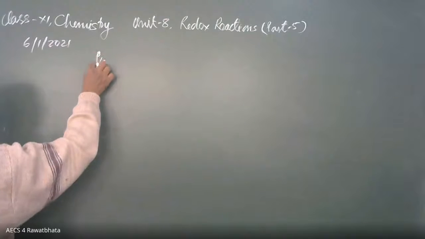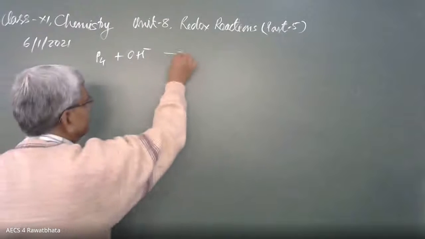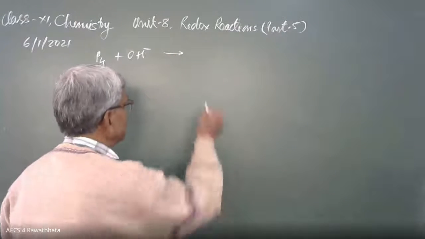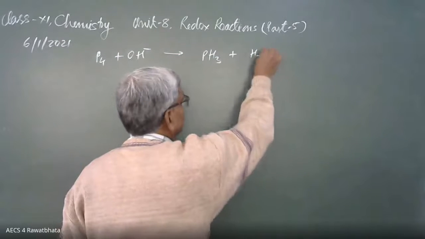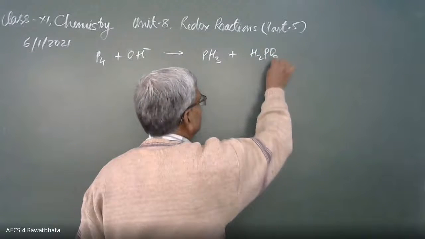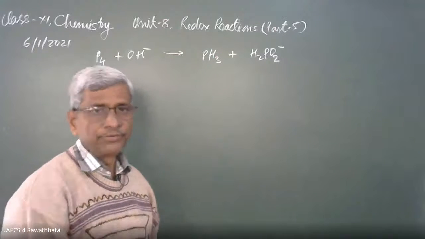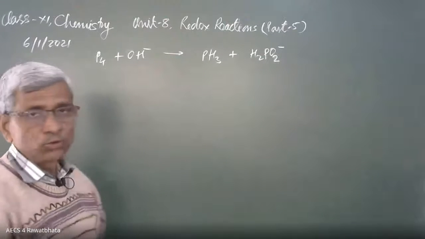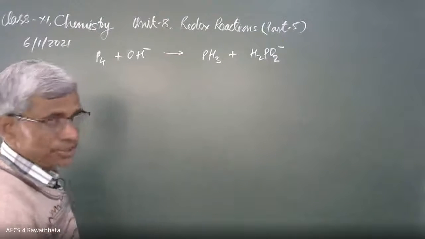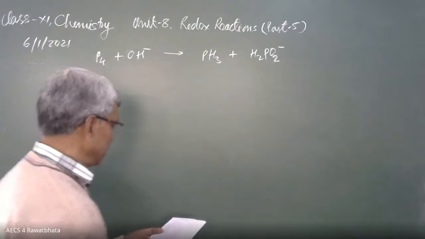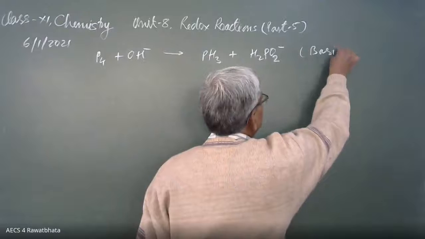P4, that is the red phosphorus, plus OH minus hydroxide ion to give PH3 phosphine, PH3 plus H2PO2 minus. That is the oxo acid of phosphorus. H3PO2 is the oxo acid. One H is missing there, that's why there is one negative charge, H2PO2 minus.